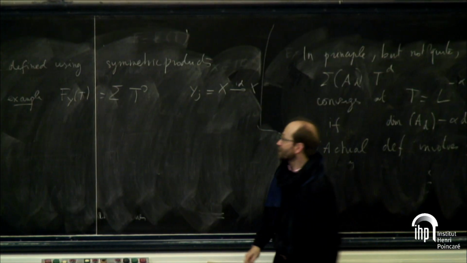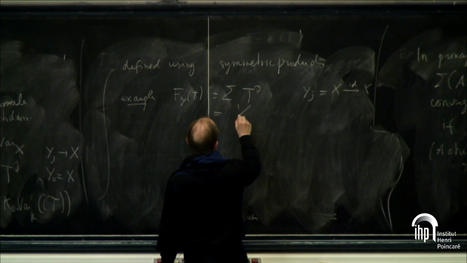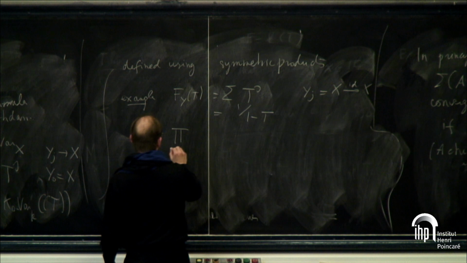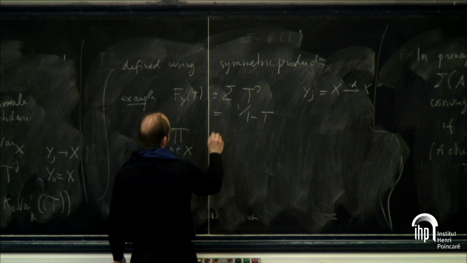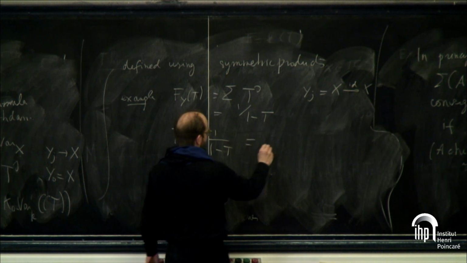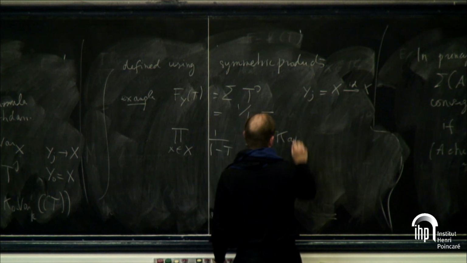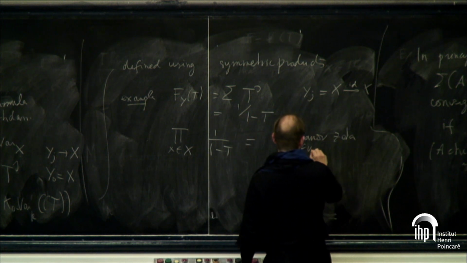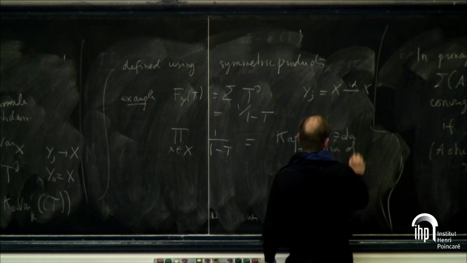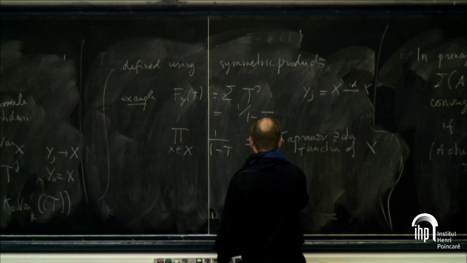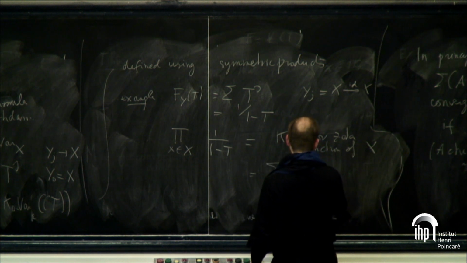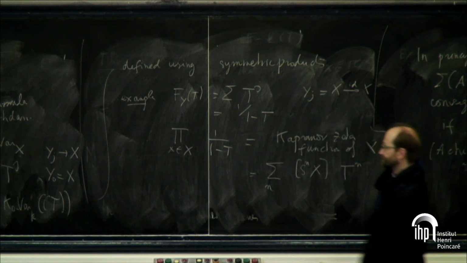You take this series, the sum of t^j, which is 1 divided by 1 minus t. Then what she obtained is that the product over all x of 1 over 1 minus t is just the Kapranov zeta function of X, namely the sum over all n of the nth symmetric product of X times t^n.